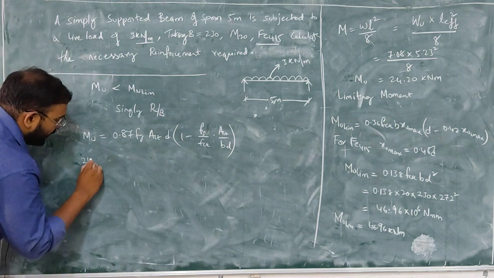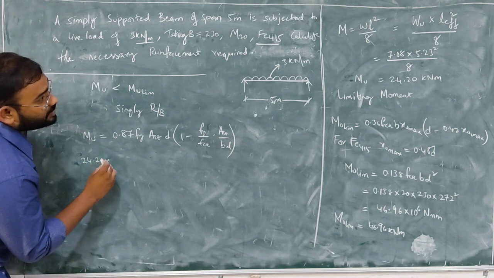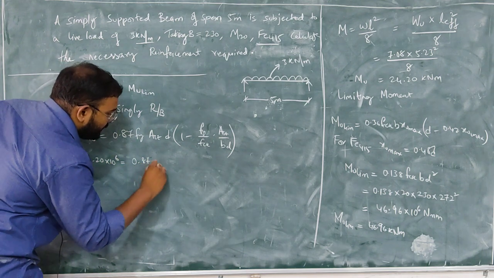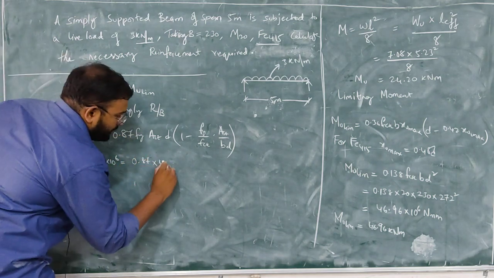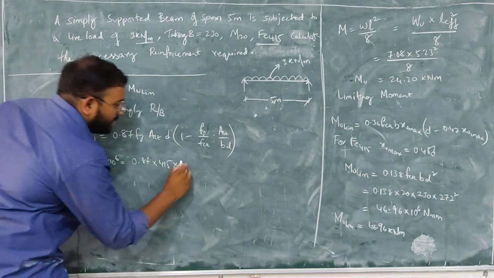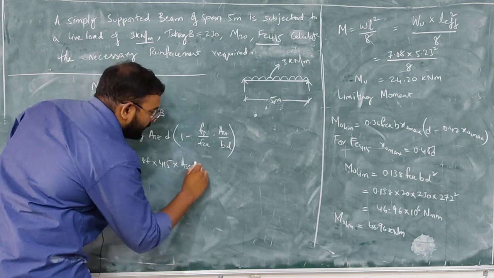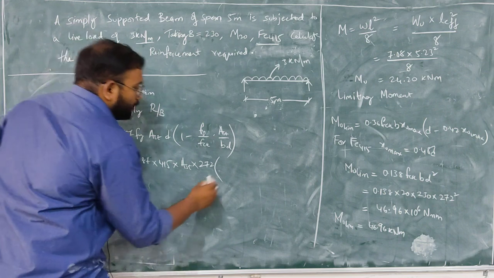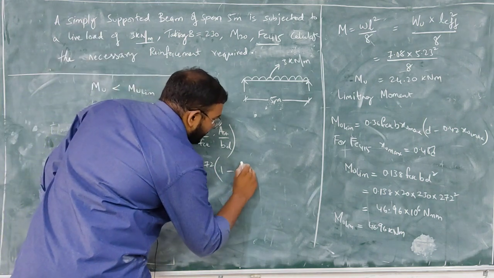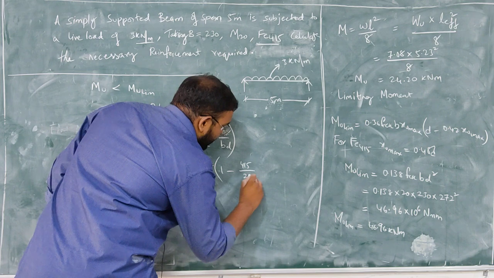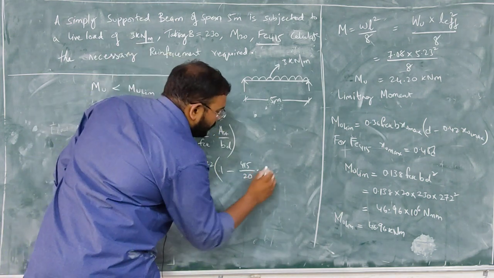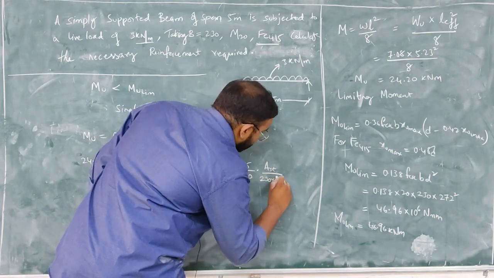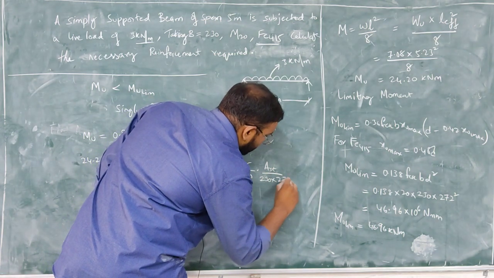So this will be 24.20 times 10 power 6 is equal to 0.87 times fy as 415, multiplied by Ast, the unknown reinforcement, d 272 mm, into (1 minus fy by fck, 415 by 20, into Ast by bd). b is 230, d is 272.